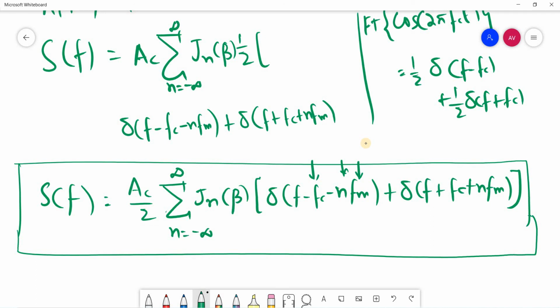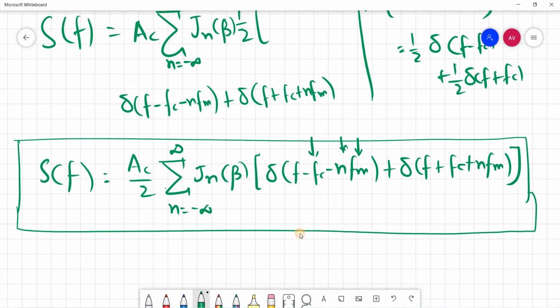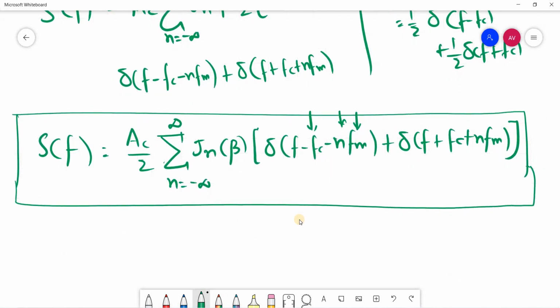Just try to accept this comment now, I'll explain it in detail in the next session. So if we are approximating beta as very small compared to 1, Jn beta will be equal to 0 for n greater than 2.